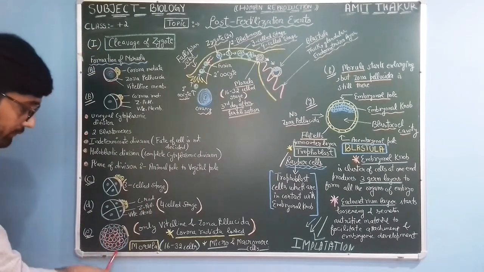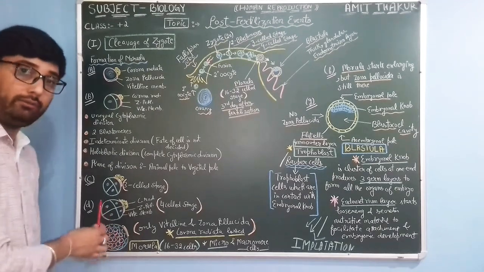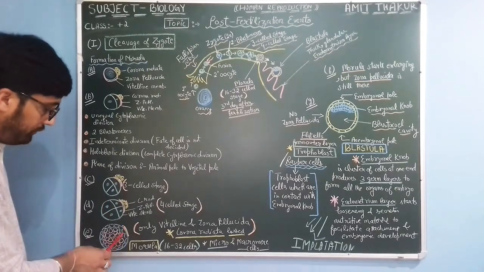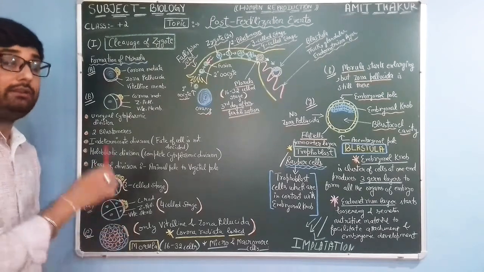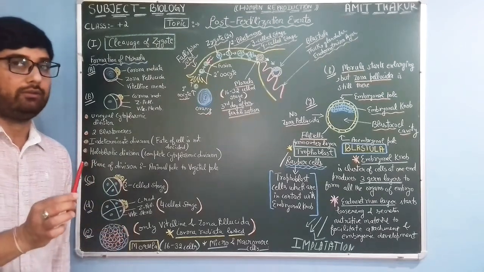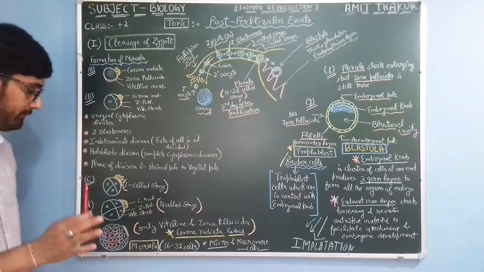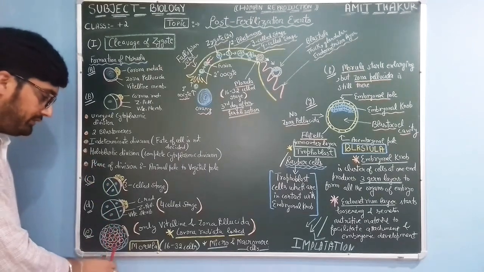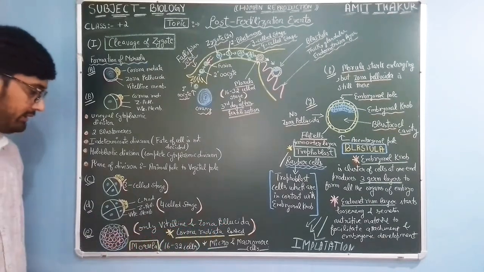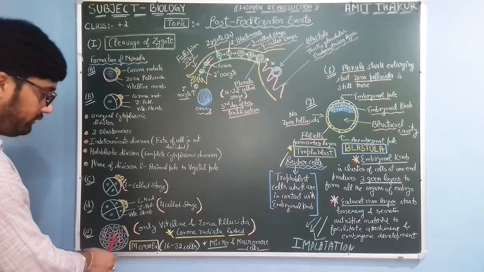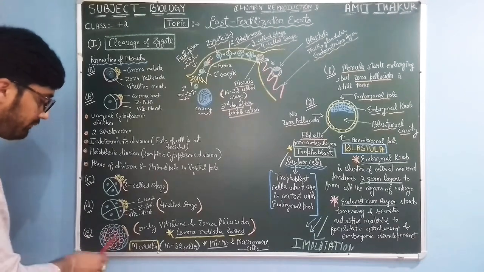Once the morula is formed, only the vitelline membrane and zona pellucida are present. There is no corona radiata. So the corona radiata is lost during morula formation and only the vitelline and zona pellucida layers are present. This is the morula, 16 to 32 cells.